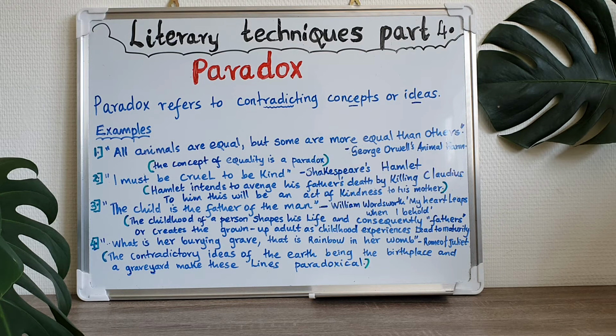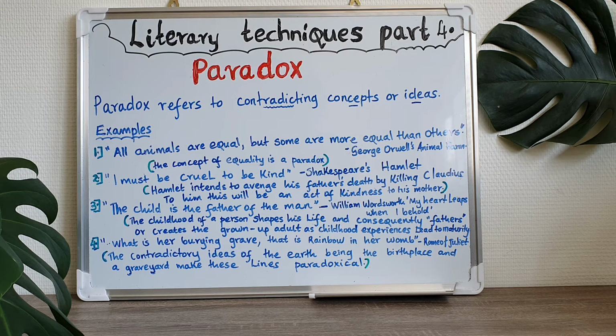If you're familiar with George Orwell's Animal Farm, it is a text where one of the themes is politics, okay? So, this quote, all animals are equal, but some are more equal than others, contradicts the concept of equality as we know it.